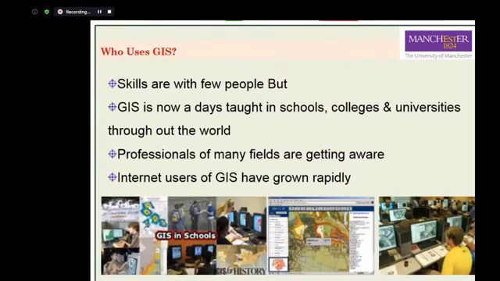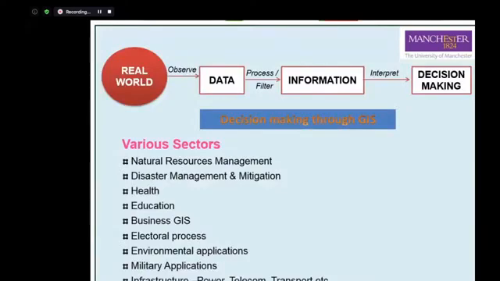And also, side by side, the professionals, companies, professional institutions, and others in the field are also adapting these advanced GIS techniques. Okay, so now the various sectors which use GIS and remote sensing techniques in their field: natural resource management, obviously a very huge area of GIS applications.